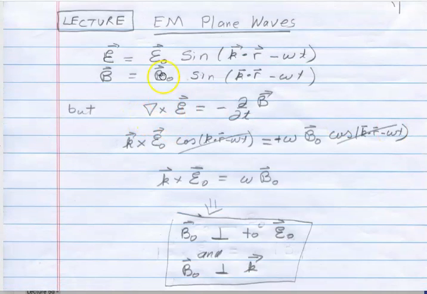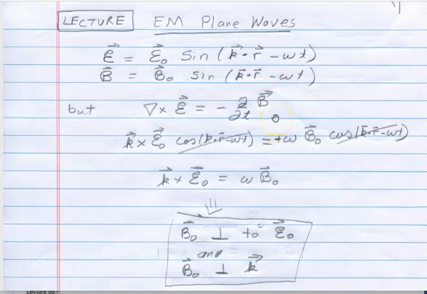And if you take the curl of a vector of this form, it requires a little bit of calculation, but it reduces to, when I substitute this value in, I'll get k vector crossed into the amplitude, and I'll get the cosine, that's the derivative of the sine argument here.